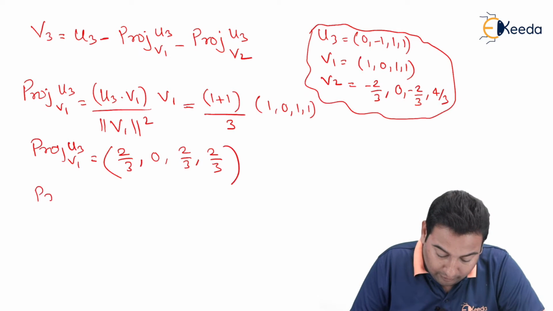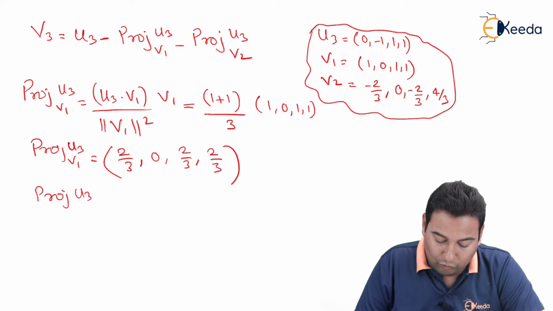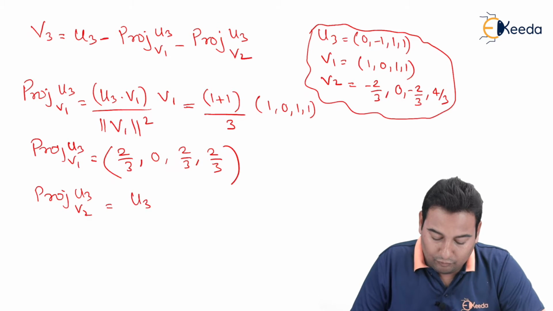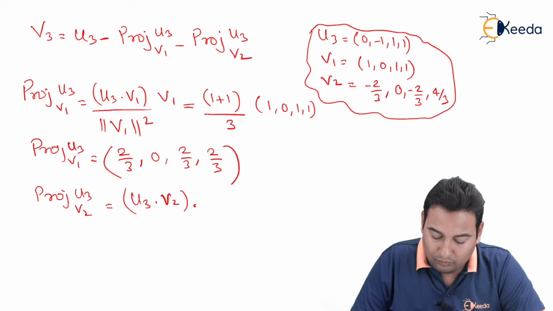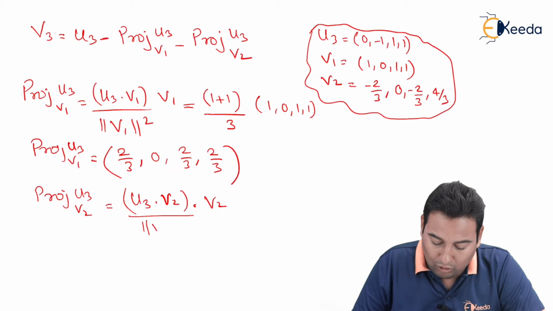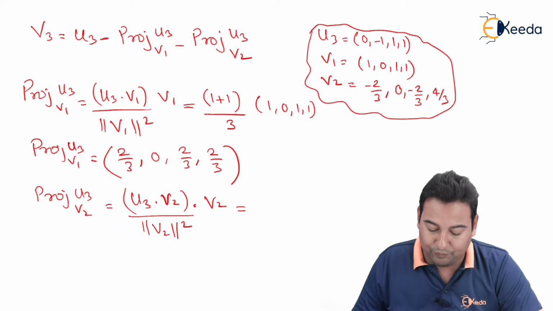Let's find the next, that is the projection of u3 on v2: u3 dot v2 upon norm of v2 the whole square.